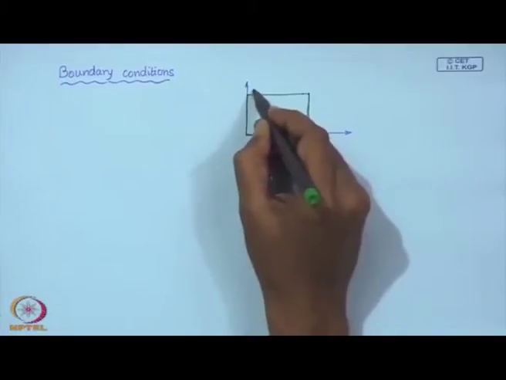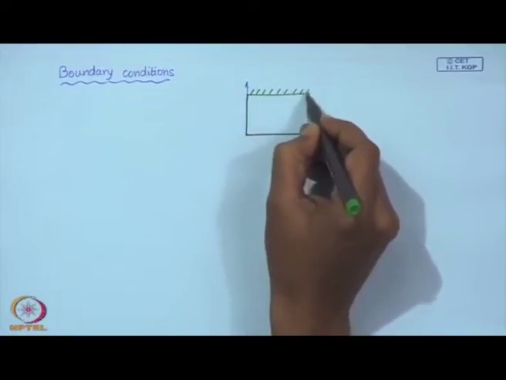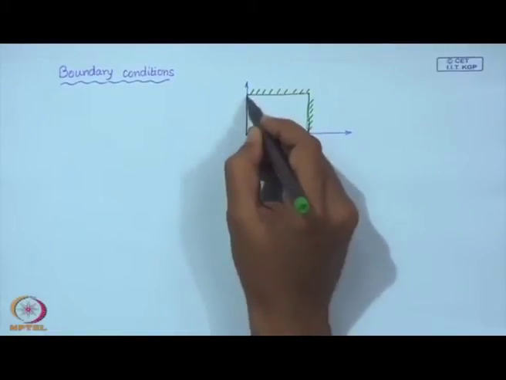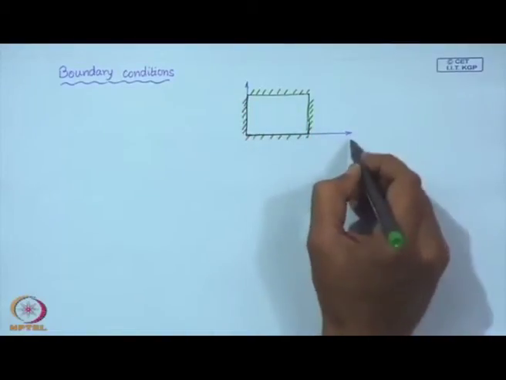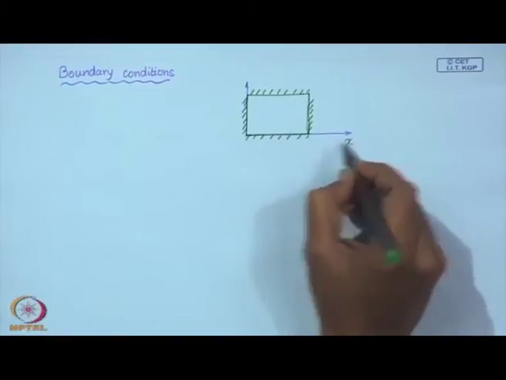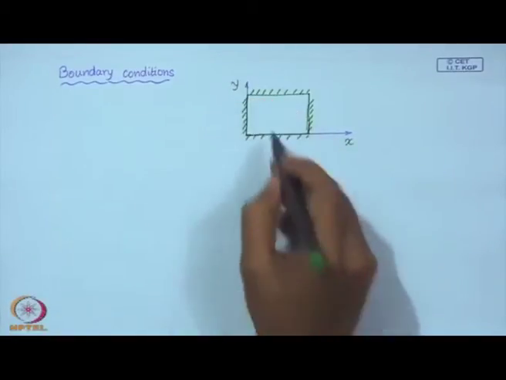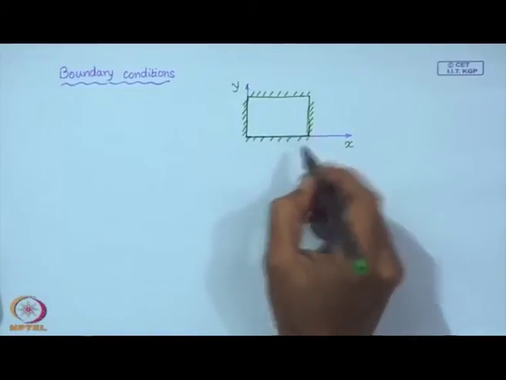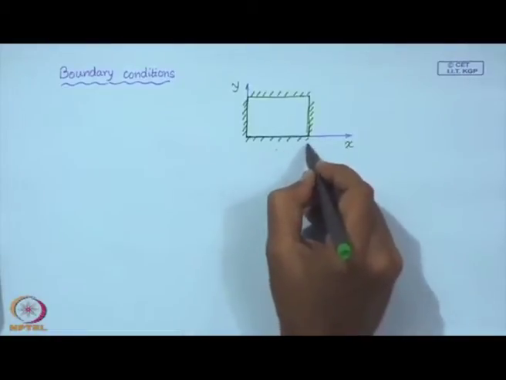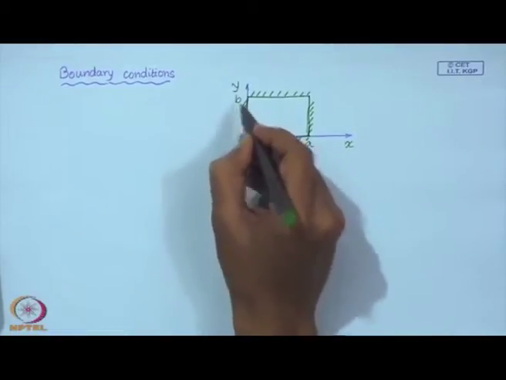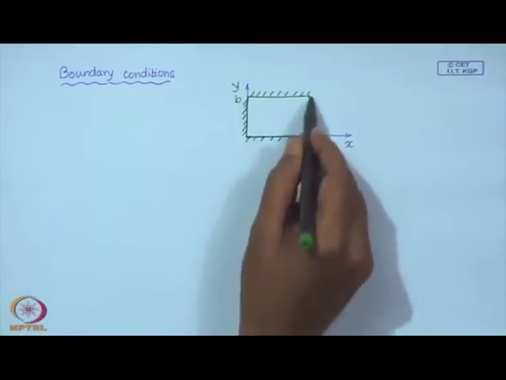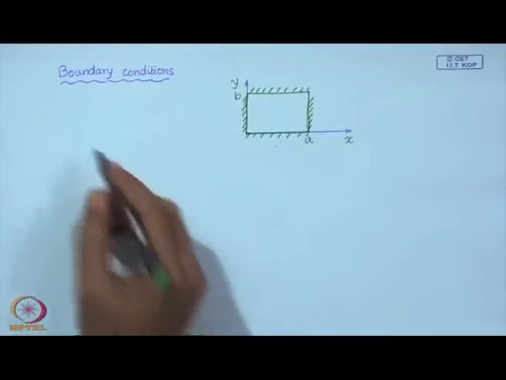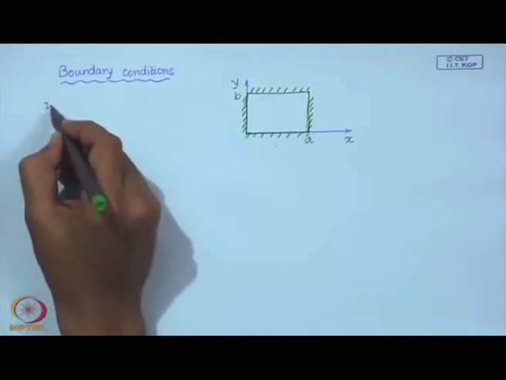So, if you have this xy plane and a flat rectangular membrane, then if this is fixed on these edges, we can easily write the boundary conditions.